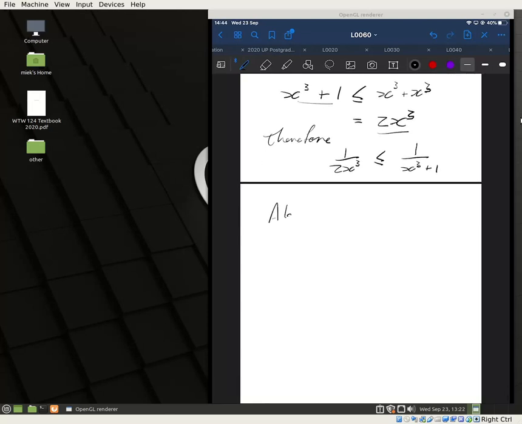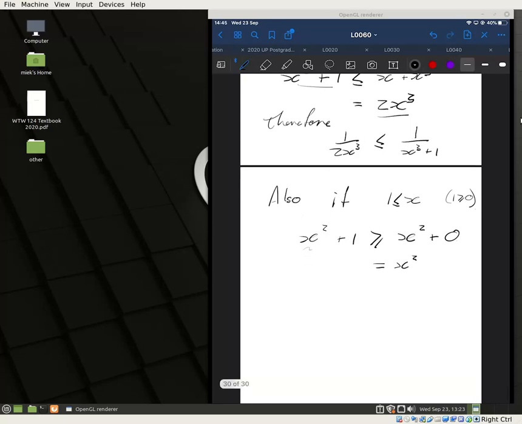Also, if 1 is less than or equal to x, we have x squared plus 1, and keep in mind that 1 is greater than or equal to 0, so x squared plus 1 is bigger than x squared.